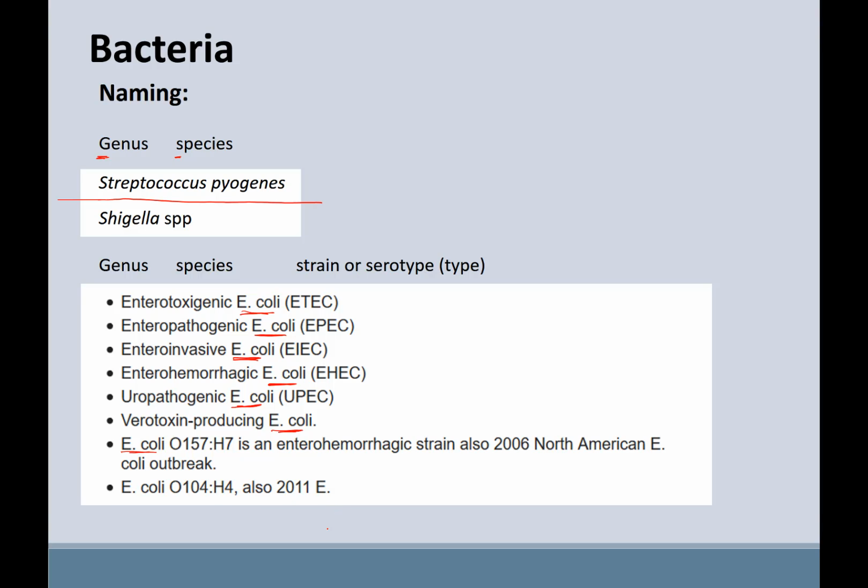The other thing you want to make sure is that you don't start off with E. coli. Let's see if I can spell it right. Hopefully I spelled that right. You always want to write out the formal name first, and then you can use the abbreviation.